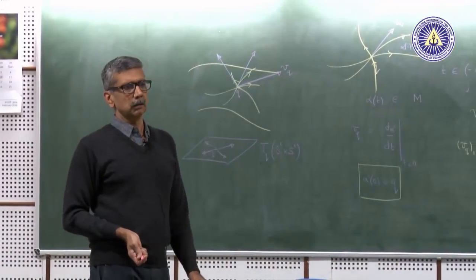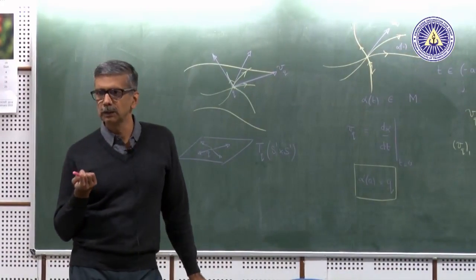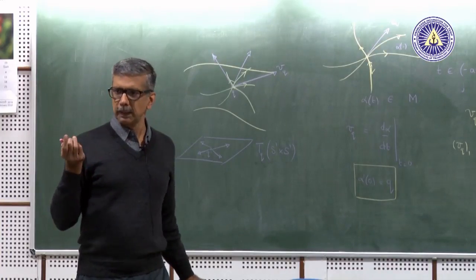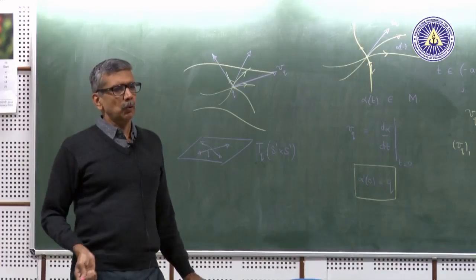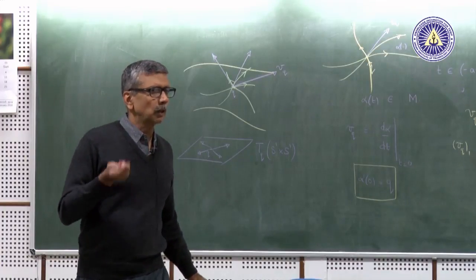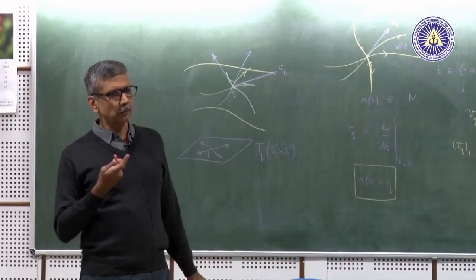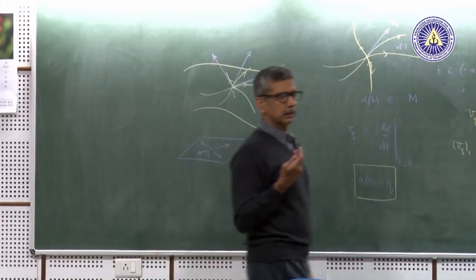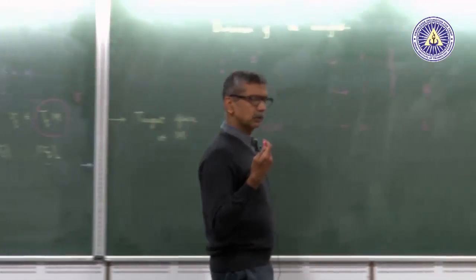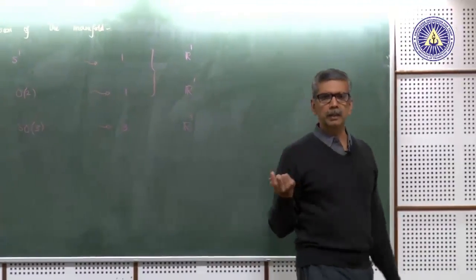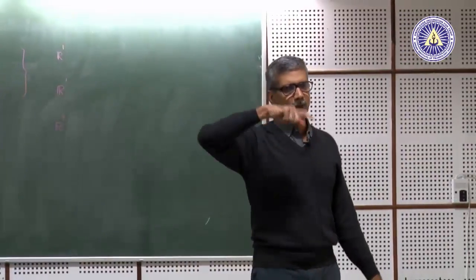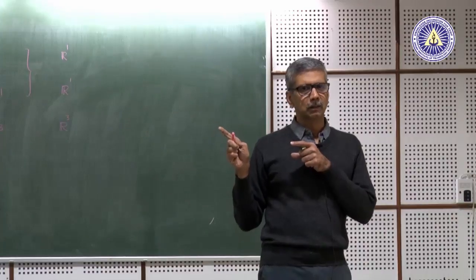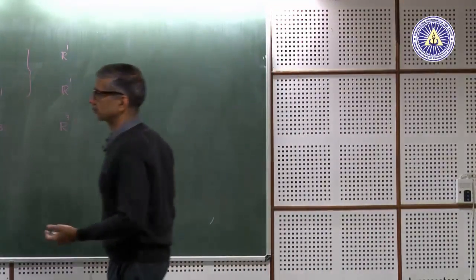SO3 is 3-dimensional. Many of you have seen orientations and rotations. How many Euler angles do you use? You use 3. When you use quaternions, you have a constraint. Quaternions come from S3, the 3-dimensional sphere. So you have 4 variables to start with, but the 4 variables are constrained by the unit length condition.